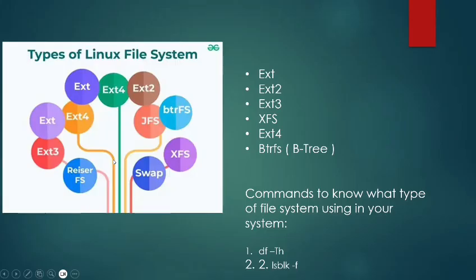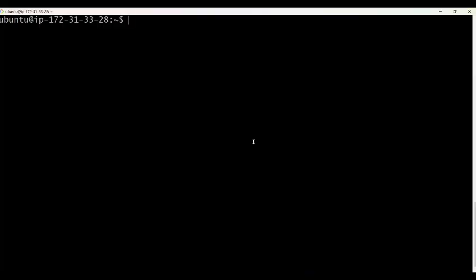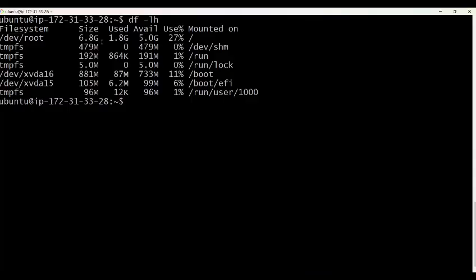Let's see how to find which file system has been used in our server. So this is my Ubuntu operating system, and I'm going to type df -Th.